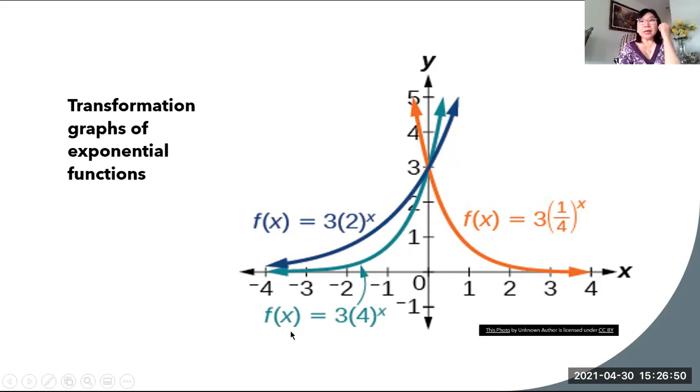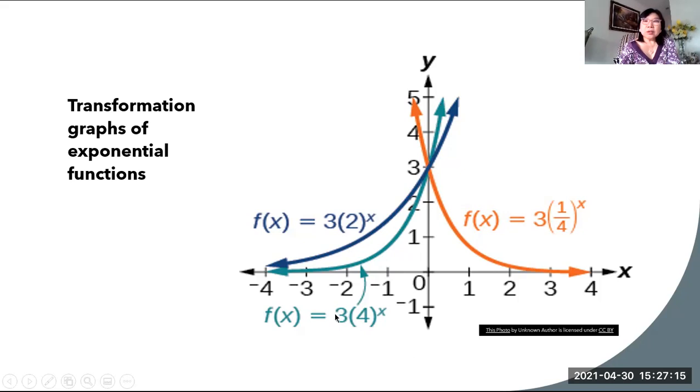So let's talk about the light blue function. The light blue function doesn't cross the y-axis at 1 like the other functions. The reason, as you see here, is that the base of this function is 4 instead of 2. So the function is already drawn with a steeper slope.